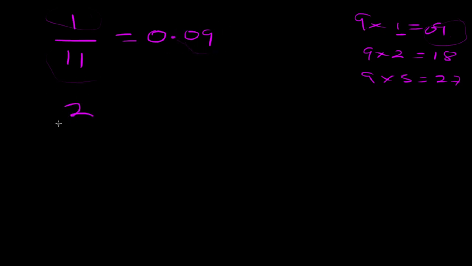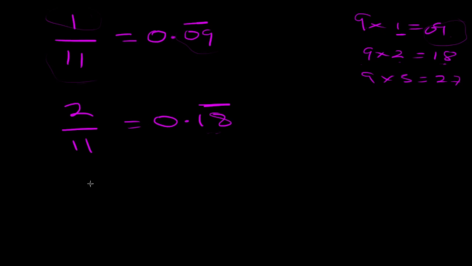If we have 2 over 11, it is going to give us 0.18. Remember? When we multiply 2 by 9, what do we get? 18. And that's the same number that comes here. These are repeating decimals, so let me put the bars there.